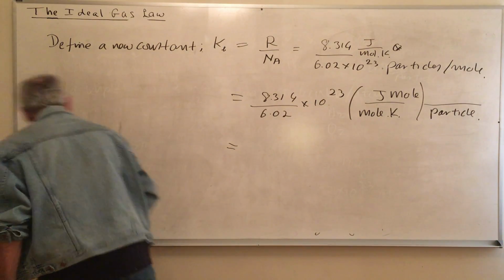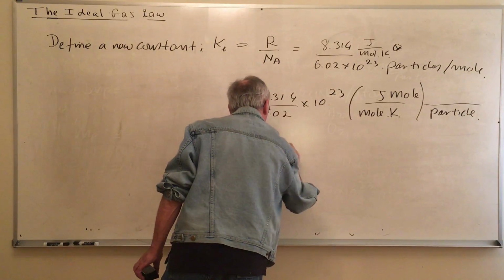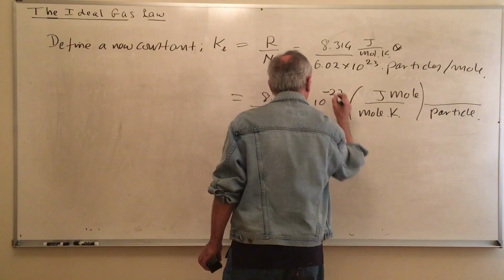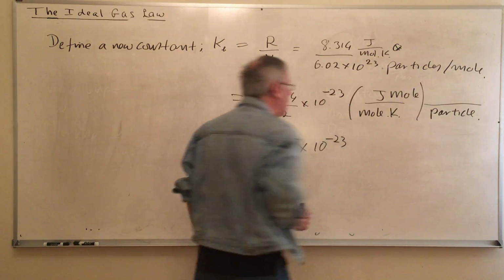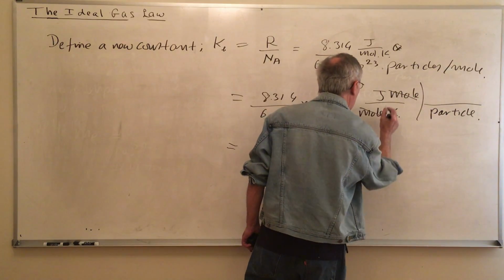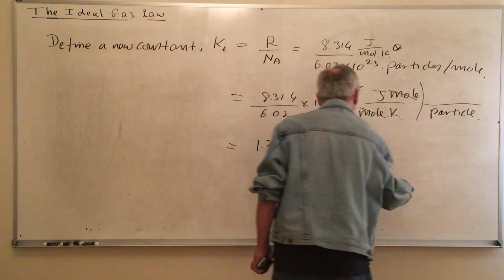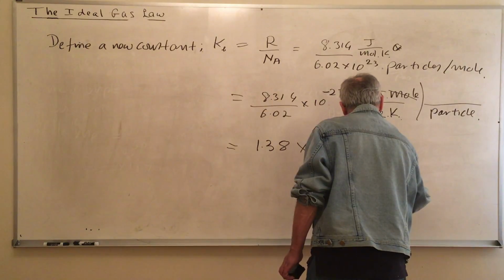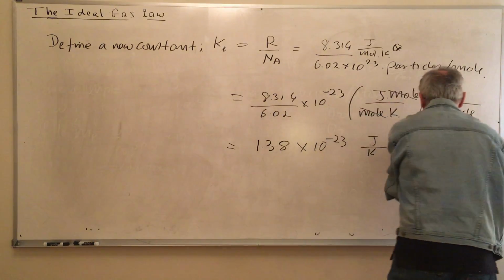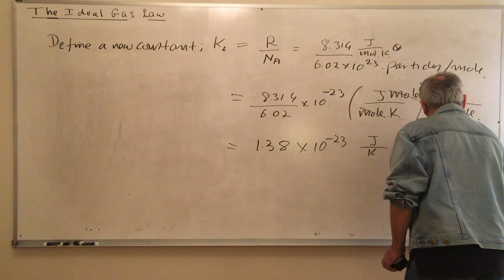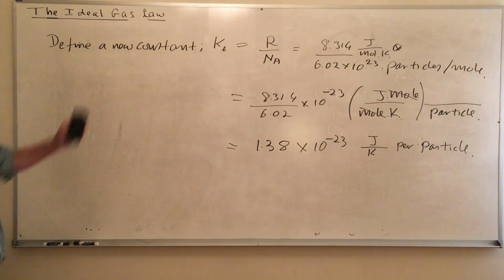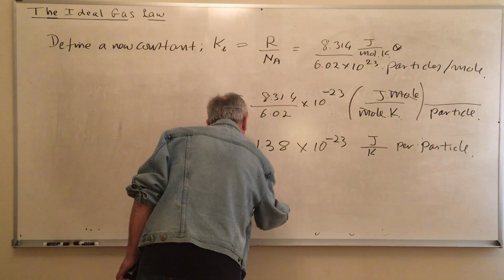And we get, what do we get? The moles cancel, and we get joules per Kelvin per particle. Joules per degrees Kelvin. This is called Boltzmann's constant.